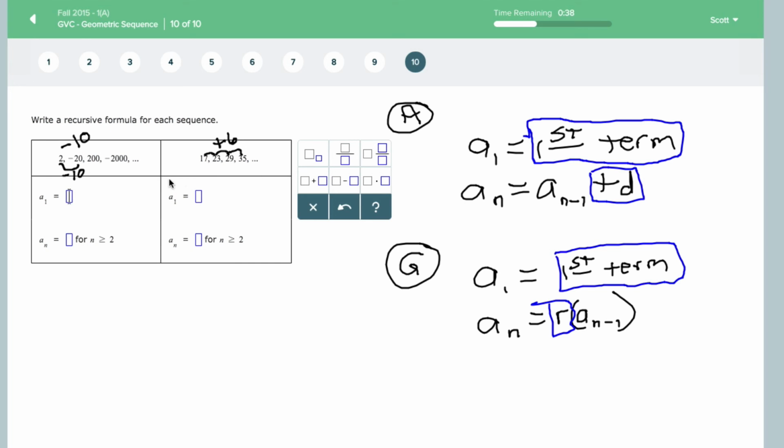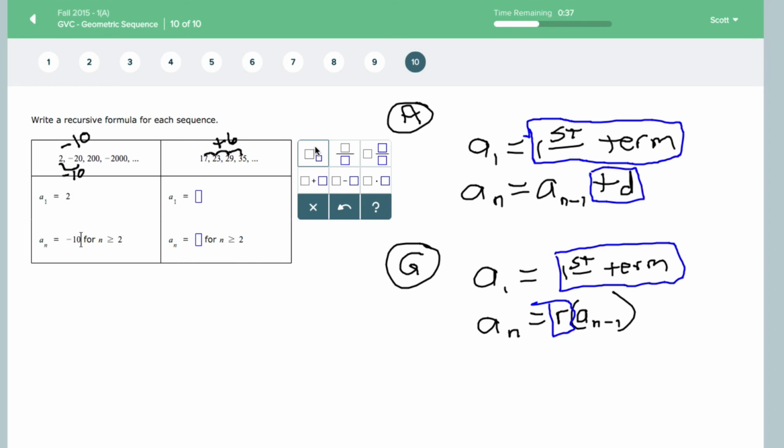A sub 1 for that first one is my first term, which is right here at 2. And what is a sub n? And this is geometric. Remember, we're timesing by negative 10. So a sub n equals r. What's my common ratio? It's negative 10. And then I have parentheses.